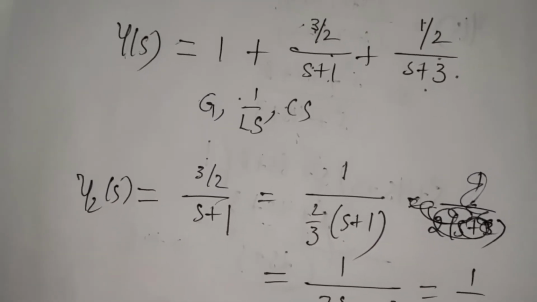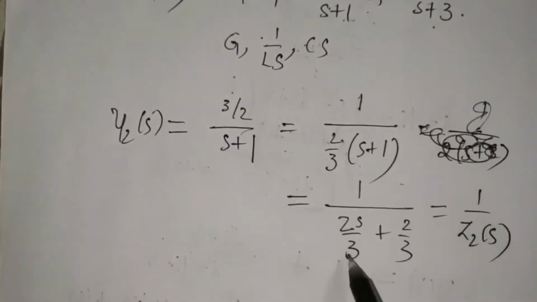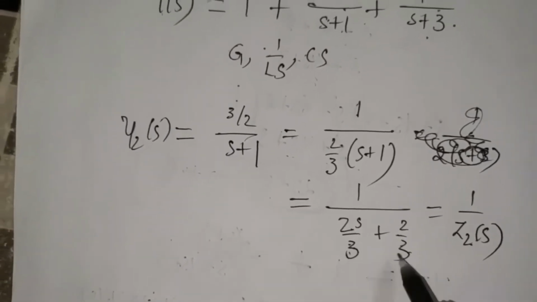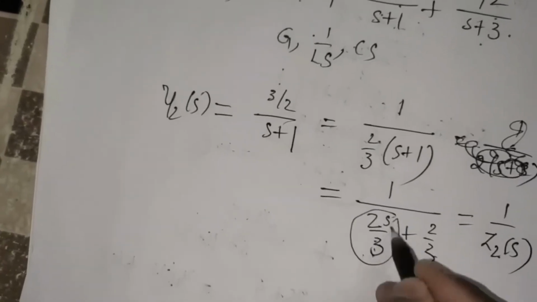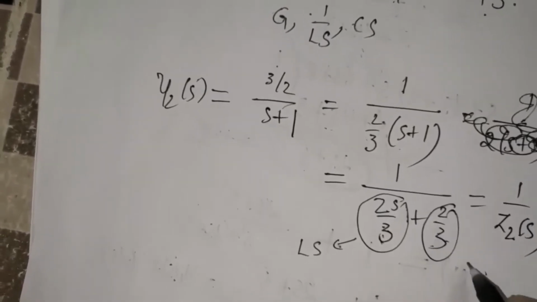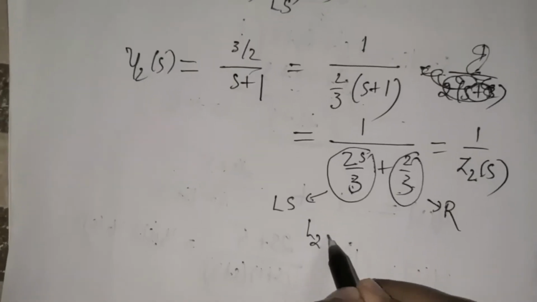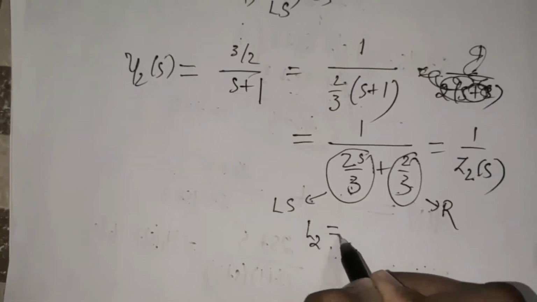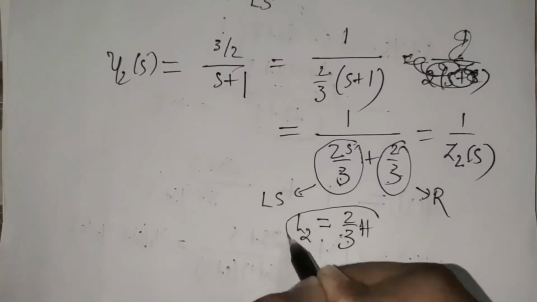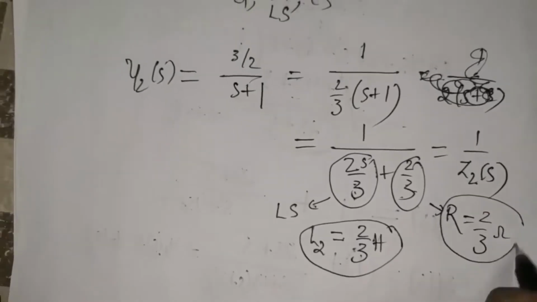This is nothing but 1 by z2 of s. Since impedance terms are getting added, this is in the form of Ls and this is the form of R. So L2 value is 2 by 3 henries and R value is 2 by 3 ohms.